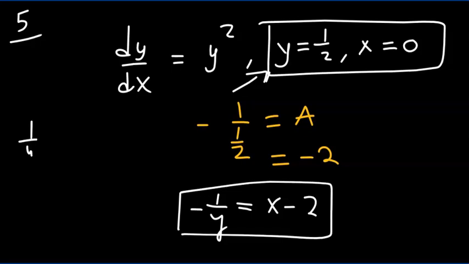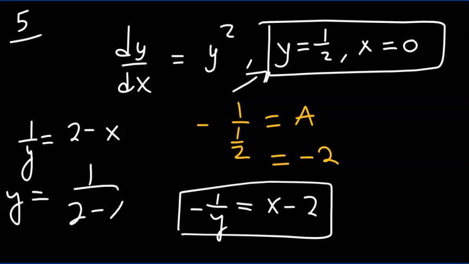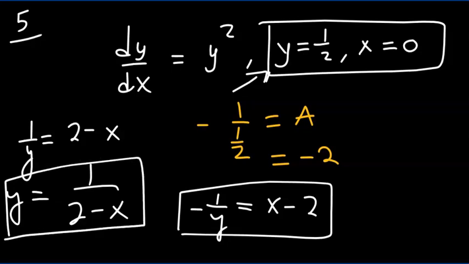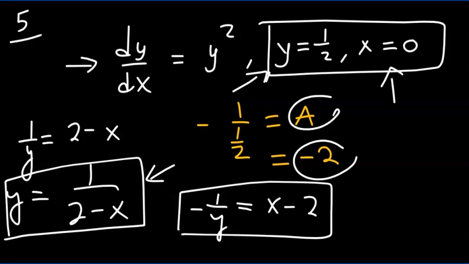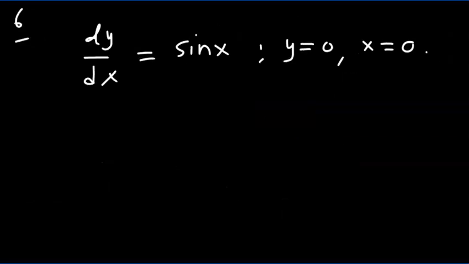So we know 1 over y is 2 minus x, so y is 1 over 2 minus x. So you see, once the arbitrary constant was determined, namely when a was found to be minus 2, all the arbitrariness has been removed and you get a particular solution to this differential equation under that initial condition, and that solves the problem.